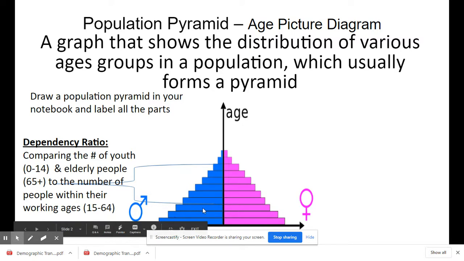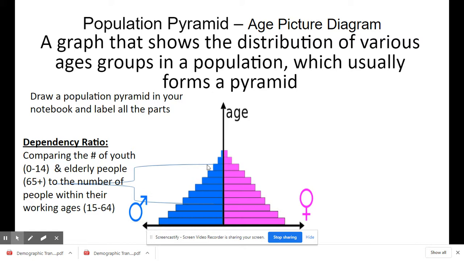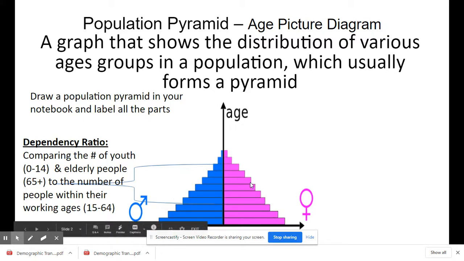So these people are dependent on the middle-aged people. But then when you think about old people, really old people are also dependent, dependent on being fed and clothed and taken care of with their health needs. So this workforce has a lot of work to do. They have to do the work of the economy, and they've got to take care of the youth. That's called youth dependency, and elderly dependency.